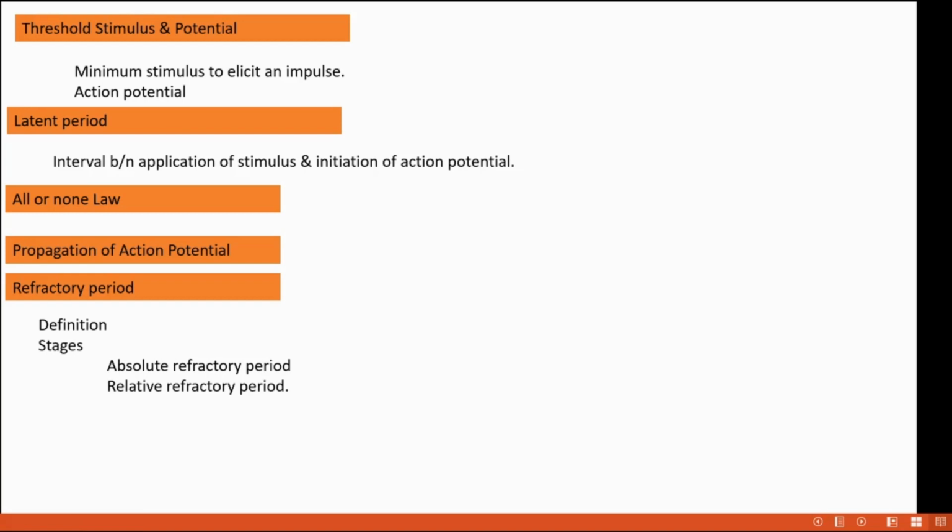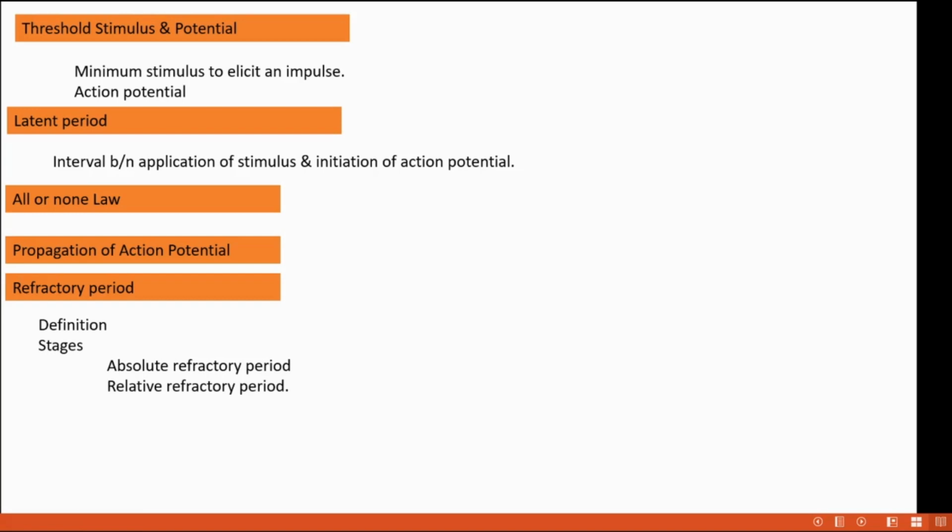And two stages are there: the absolute refractory period and the relative refractory period. Absolute refractory period means that during this period it is in no way possible to elicit a second action potential. The relative refractory period is a period in which sodium channels are gradually reactivating, and it is possible to elicit another action potential.